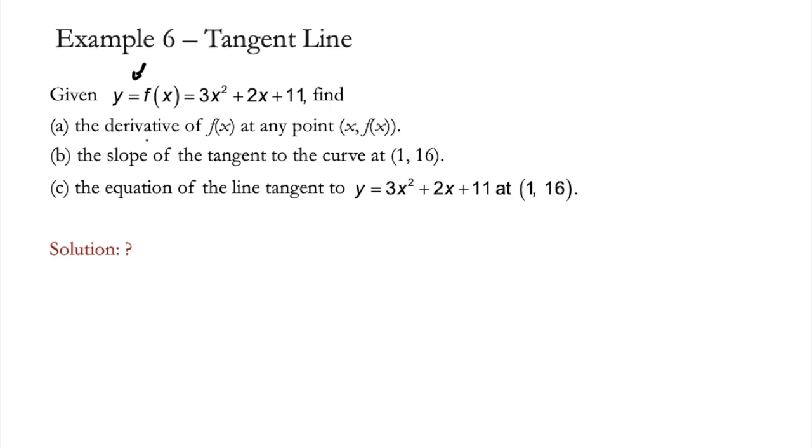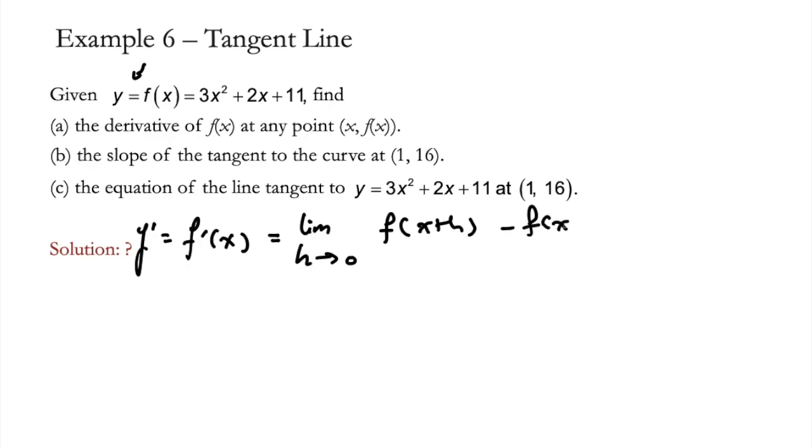So we use the limit of the difference quotient to answer these questions. So how to do question A? We know that the notation of the derivative is f prime of x, which can also be written as y prime. So we use the limit of the difference quotient, limit as h approaches 0, and we know that the general formula is this, isn't it?